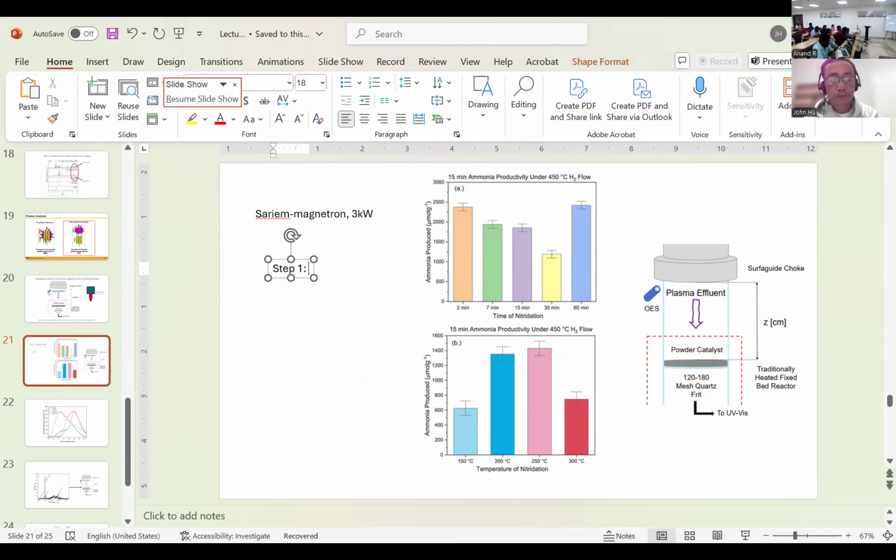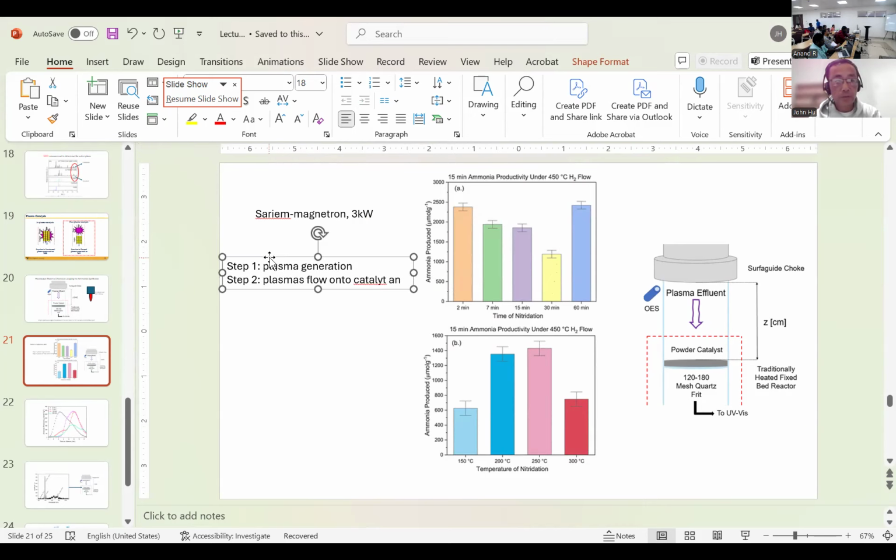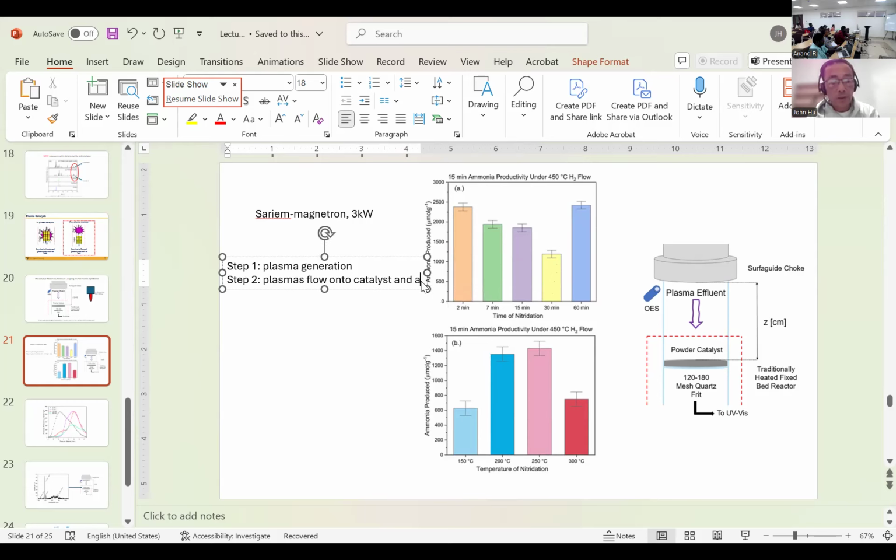Step 1. Plasma generation, plasma flows onto the material and adsorbs on the surface. I'm sorry, I keep losing my cursor.